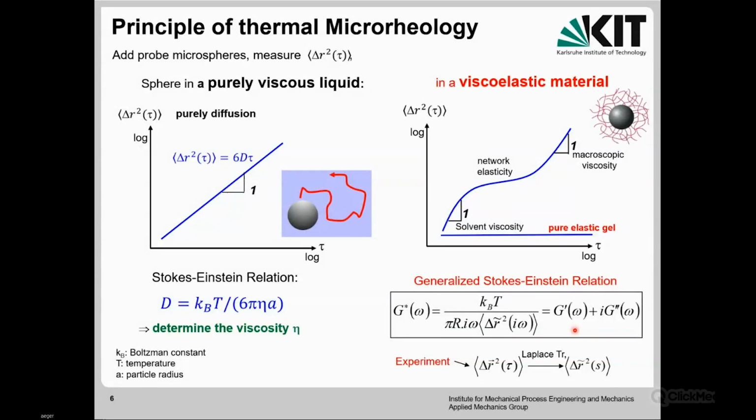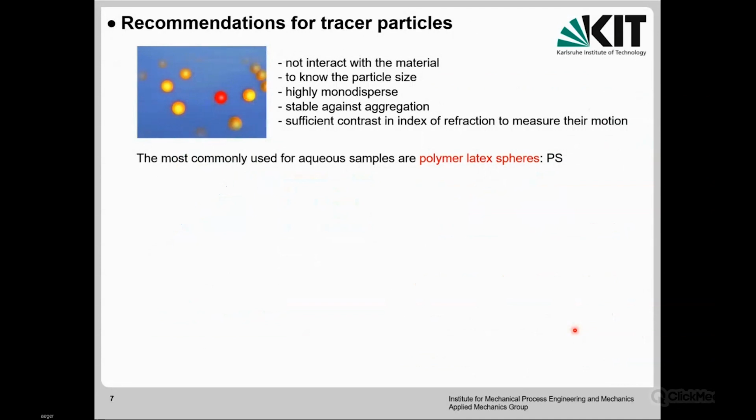And some recommendations for the tracer particles you add in the solutions. The tracer should not interact with the material. It's very important. You have to know the particle size. They should be highly monodispersed, well distributed in your sample. They also should not aggregate, and you need to have sufficient contrast in index of refraction to measure their motion. This is a very important specification.